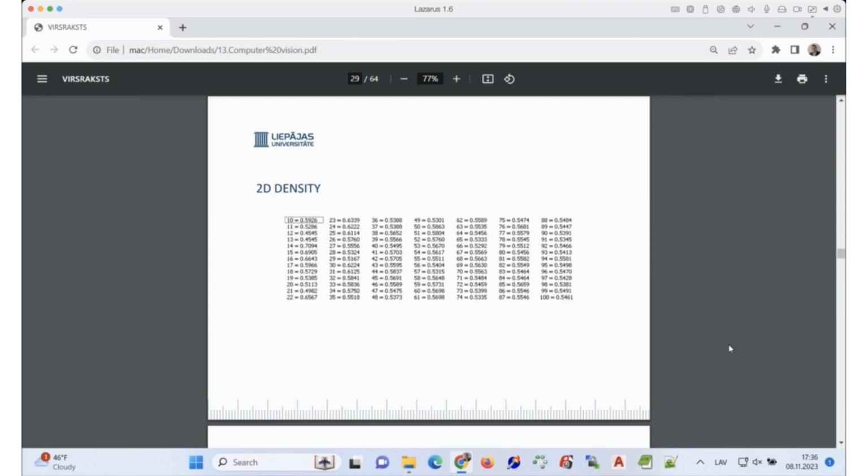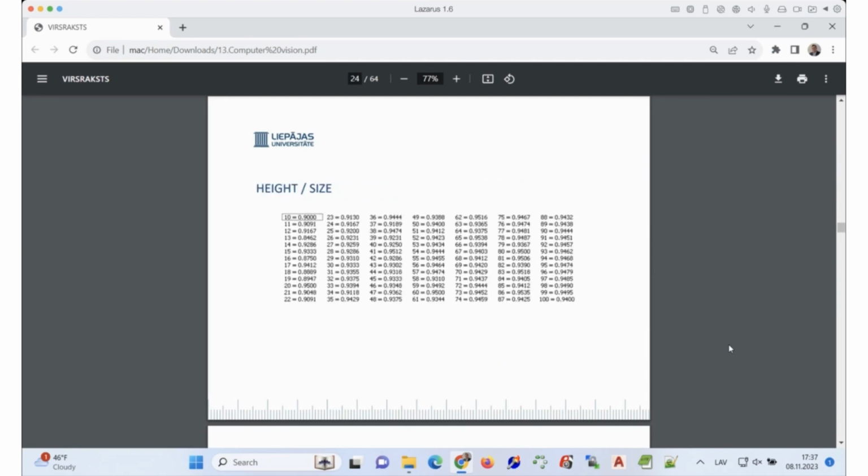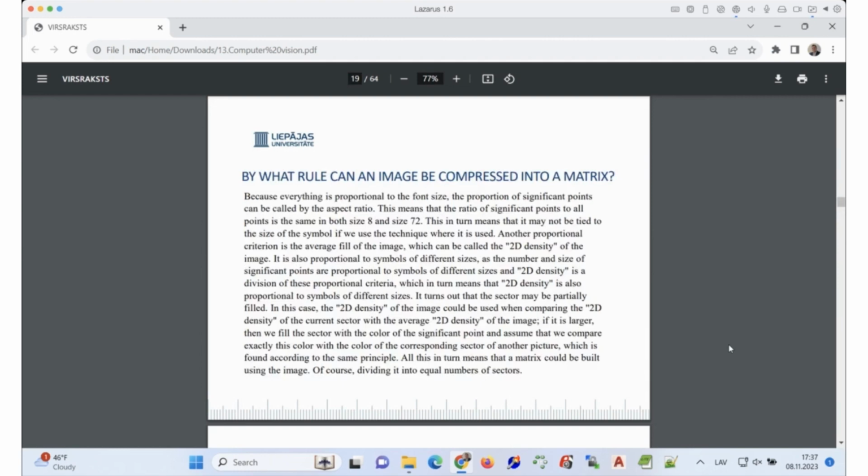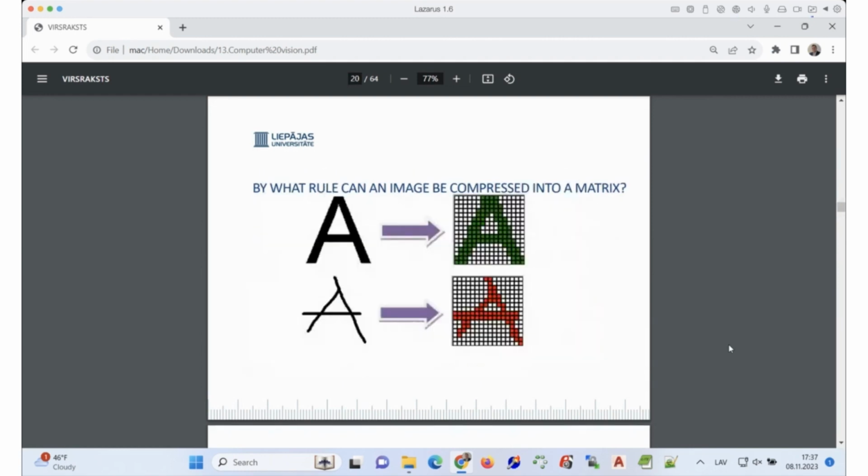On the left side we have size, on the right side we have a parameters value. That makes it possible to work on comparison. And what do we receive in the end?